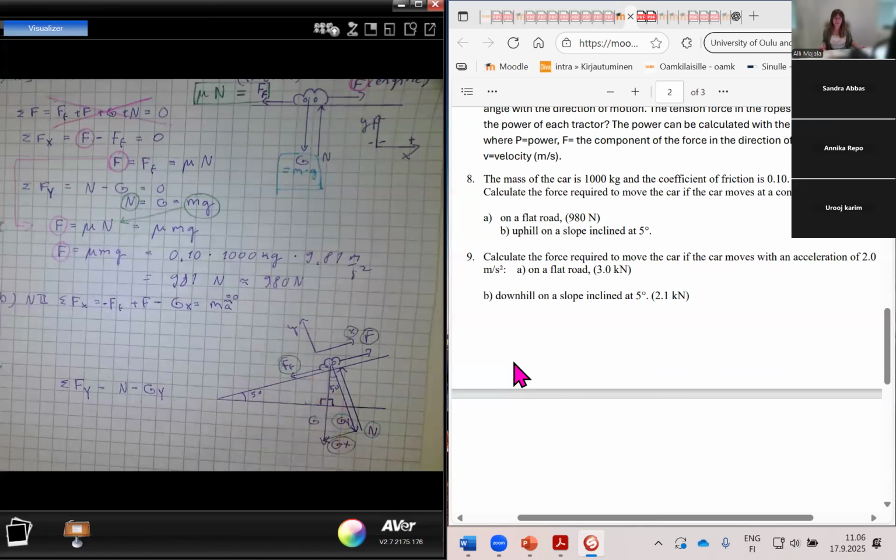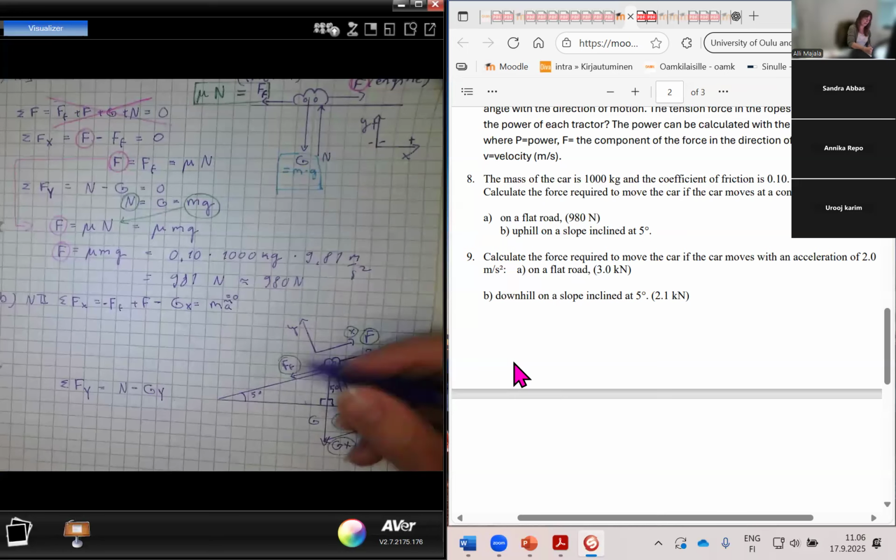It's totally 180, so it's 180 minus 95. So then it would be 75. No, 65. 180 minus 95. 85. 85, yes.